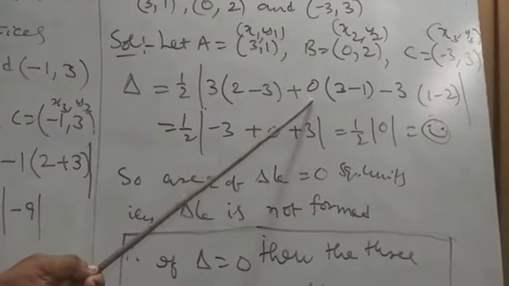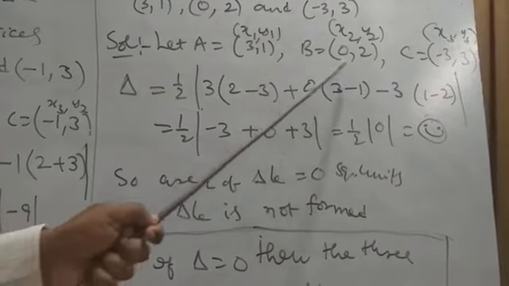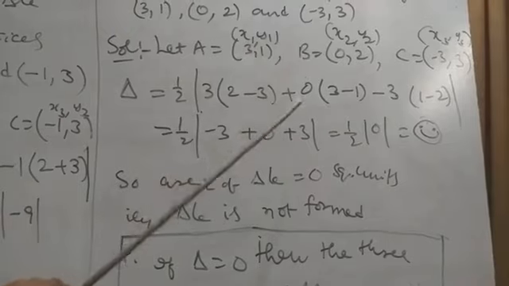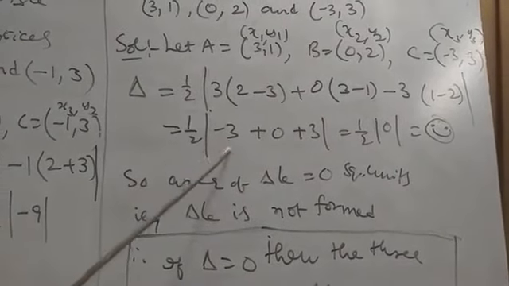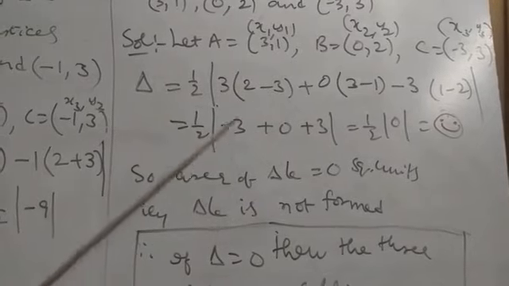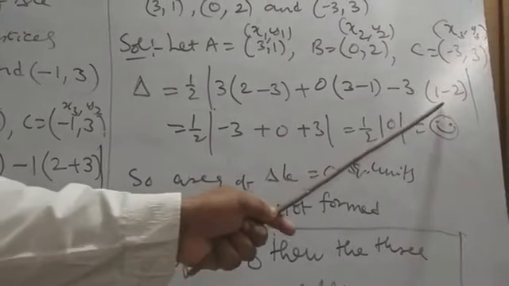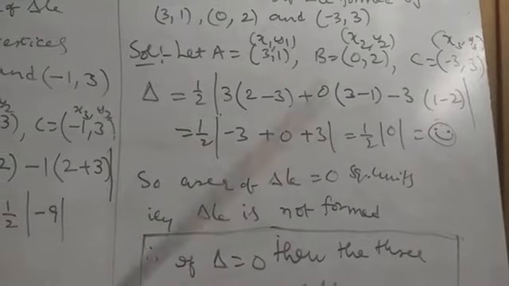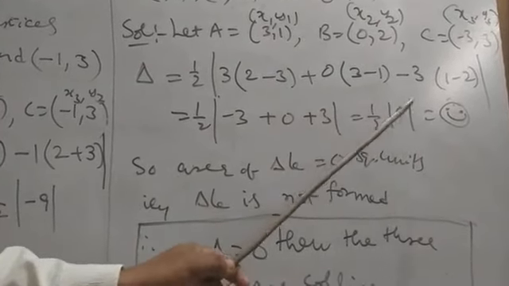Here, whenever any x coordinate is 0, you can skip this entire term, no need to write. But to explain the general formula, I have written it here. Now, 2 minus 3 is nothing but minus 1. Minus 1 into 3 is nothing but minus 3, and this is 0. 1 minus 2 is nothing but minus 1. Minus 1 into minus 3 is plus 3. So minus 3 plus 3 becomes 0. So you got half of 0, that is nothing but 0.